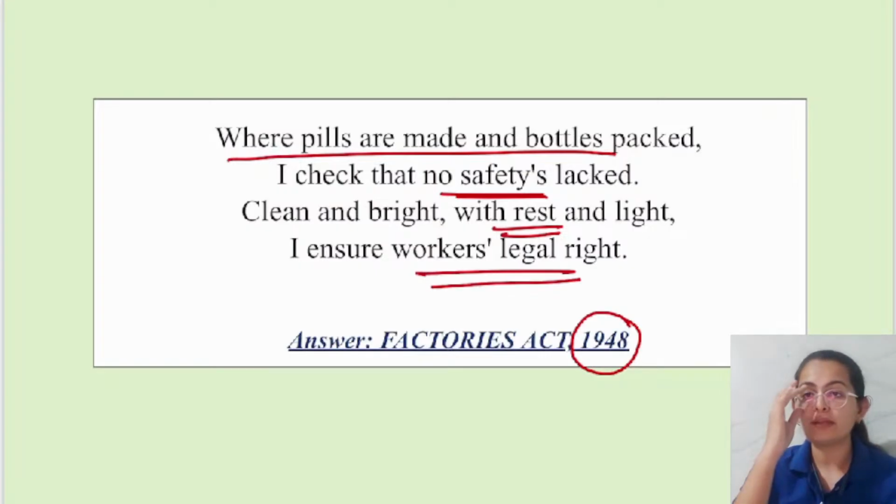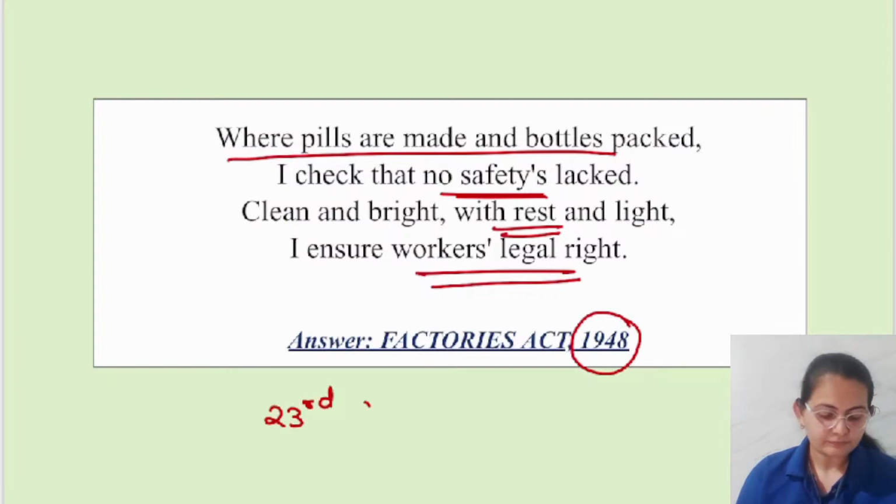So, the Factories Act of 1948, to be more specific, you can remember it was established on 23rd of September 1948.